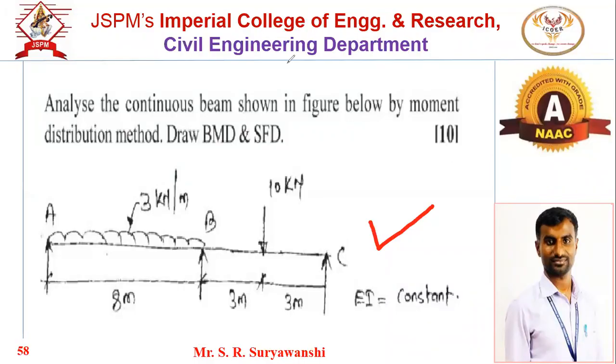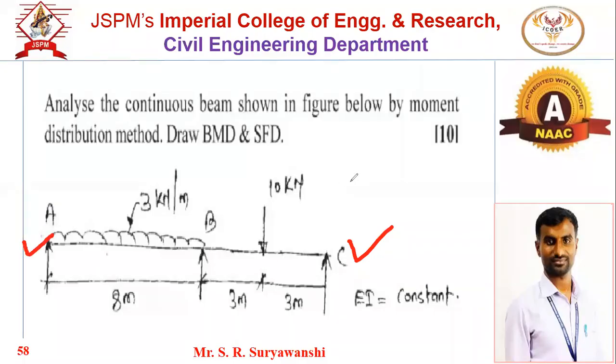Look at what the end supports are. The end supports are A and C, and both are simple. The adjustment we did in the previous session for end support C, the same adjustment we have to perform for A also.